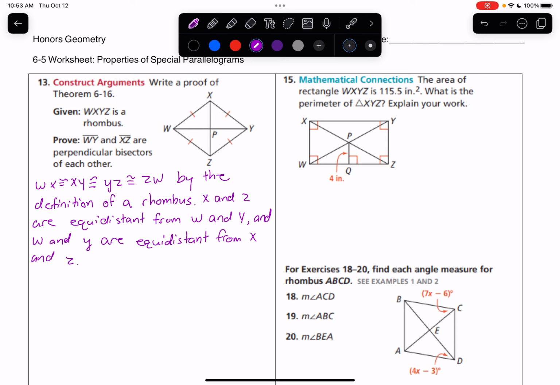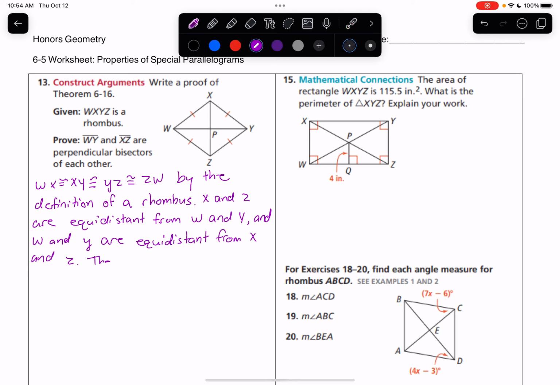So therefore, we have the perpendicular bisector theorem that tells us if there is a point that is equidistant from two endpoints, that point is on the perpendicular bisector. So for instance, since X is equidistant from these endpoints, it is on the perpendicular bisector of XY.